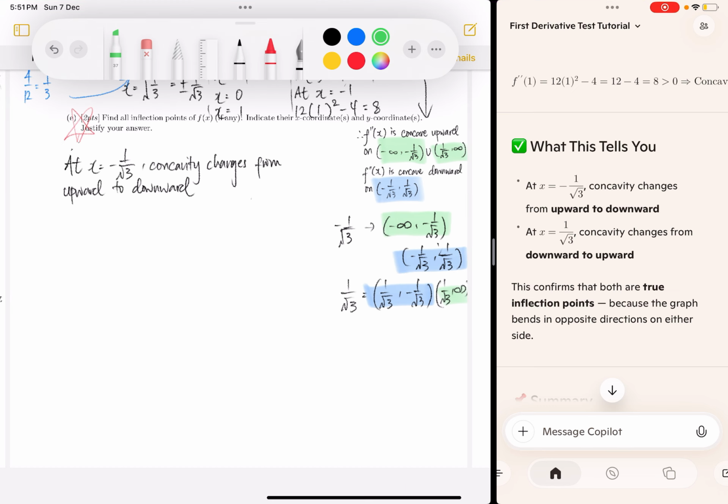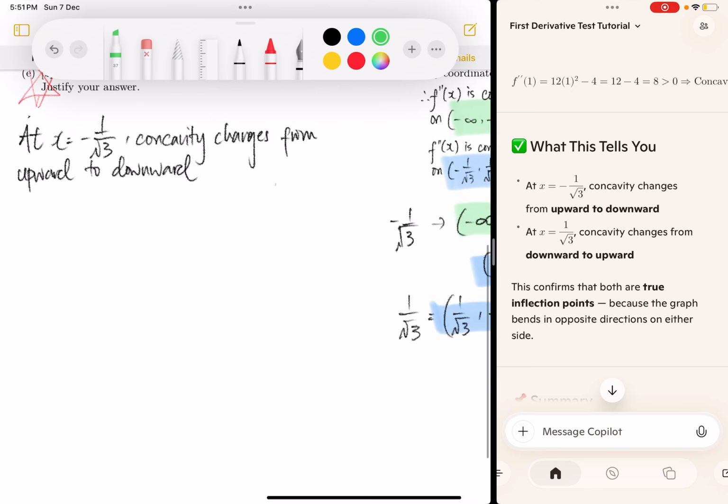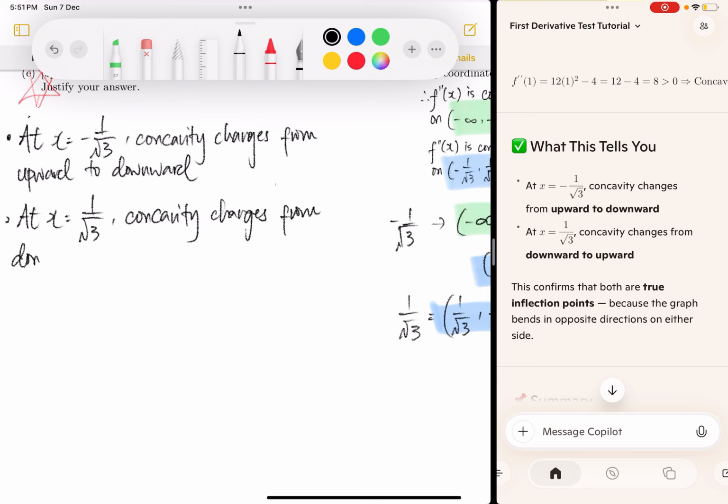So by this pattern, when x is equal to negative 1 over square root of 3, the concavity changes from upward to downward, while at x equals 1 over square root of 3, concavity changes from downward to upward.